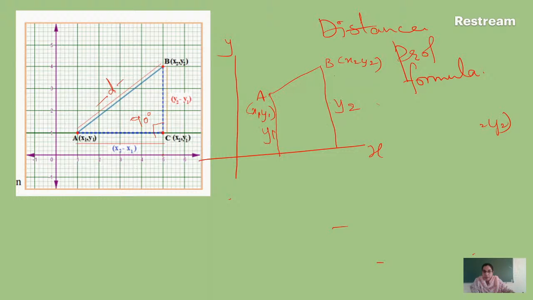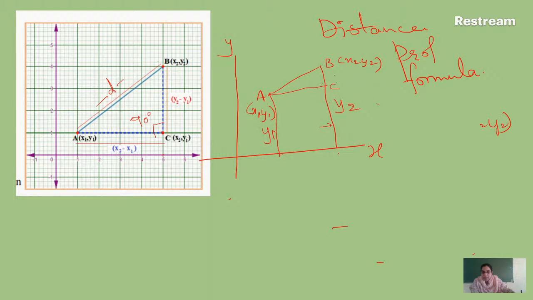Here, if I draw a perpendicular to make a triangle, the total distance of point B from the x-axis is y2, whereas y1 is the distance of point A from the x-axis. This is the total distance. To just get BC, the actual distance is y2, from which y1 is the opposite side of the rectangle.